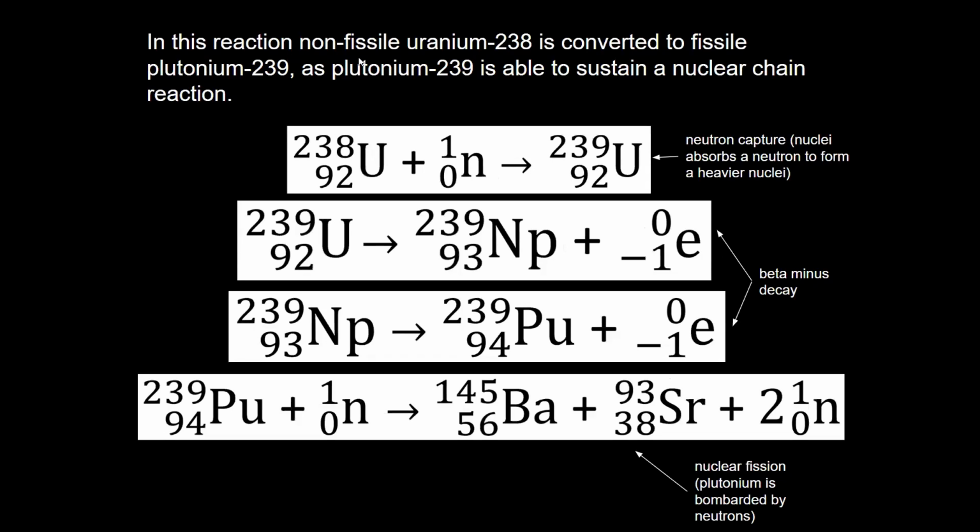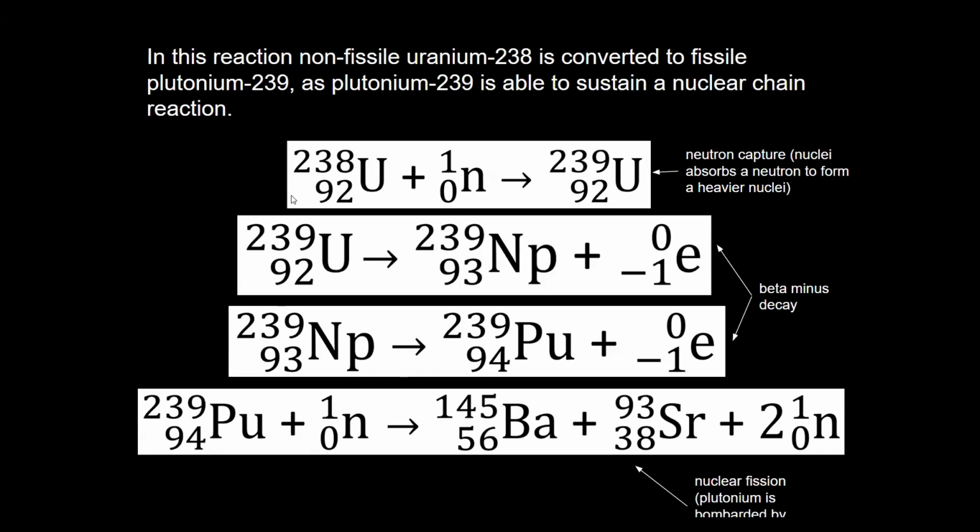So here are the formulas that show the reaction. In this reaction, non-fissile uranium-238 is converted to fissile plutonium-239, as plutonium-239 is able to sustain a nuclear chain reaction.